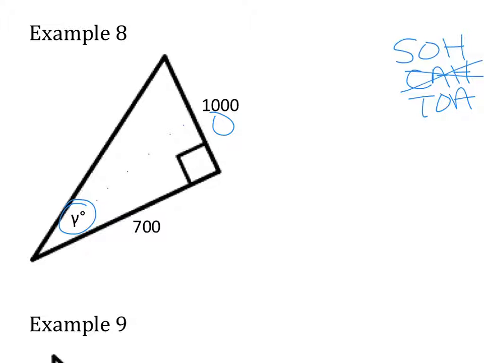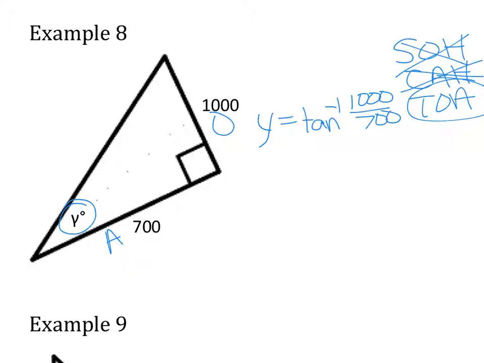And this one's right next to my angle, but it's not the hypotenuse, so it's my adjacent. No A, I cross it out, so I'm using tan. My reference angle here is gamma, so it's inverse tan. And tangent is opposite over adjacent, so 1,000 divided by 700. So gamma, when put in the calculator, would end up being 55 degrees.